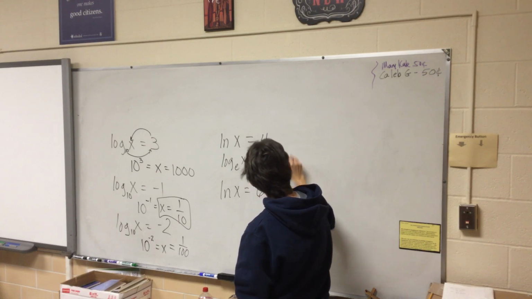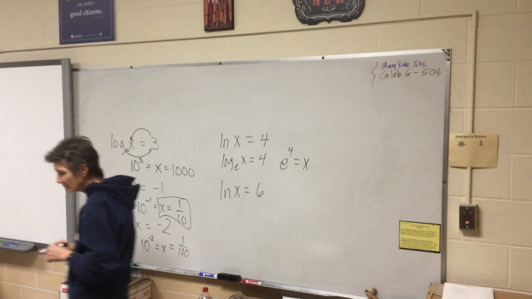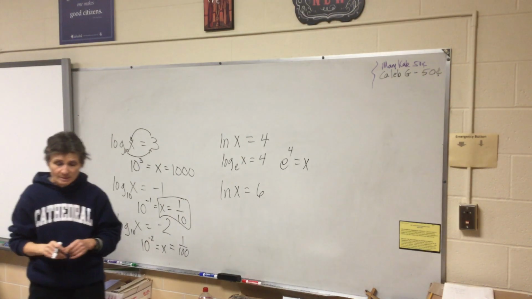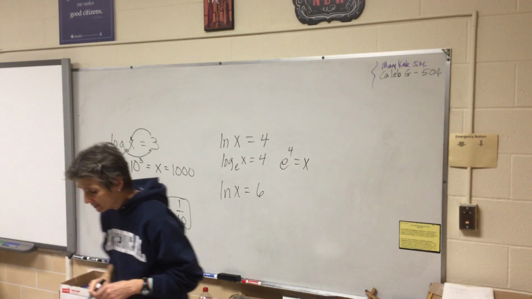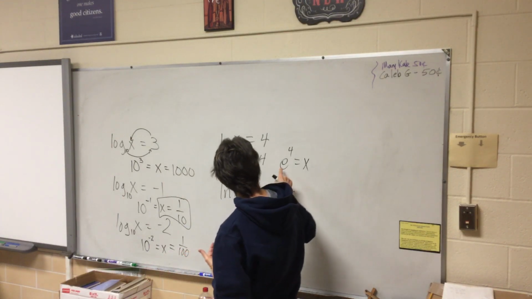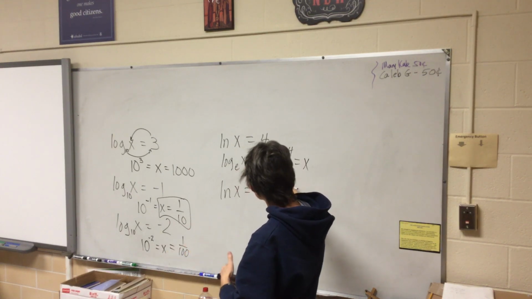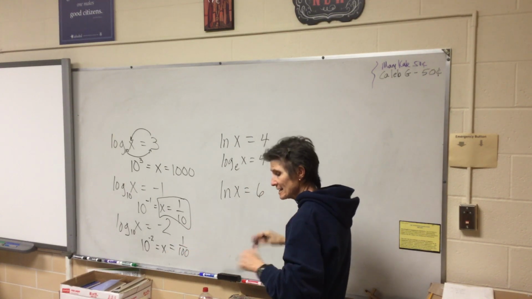E to the 4th equals x. Yep. And remember, e is a constant, the base of the natural logarithms, Euler's constant. So we treat it just like pi. This represents 2.718, but we just leave it as e. Everybody knows what it means. So e to the 4th, that's it.